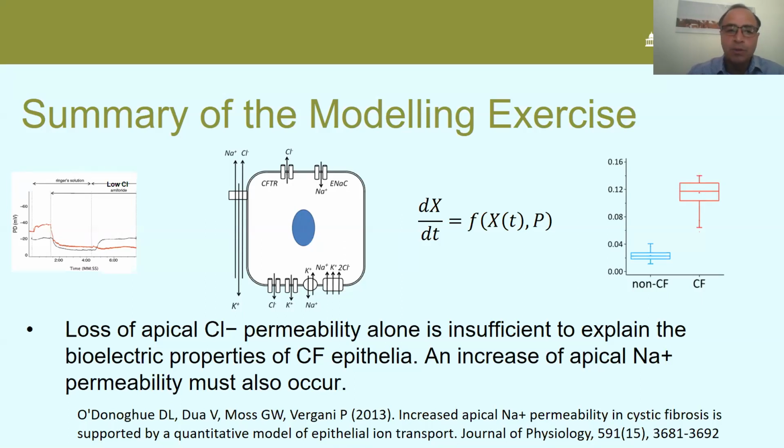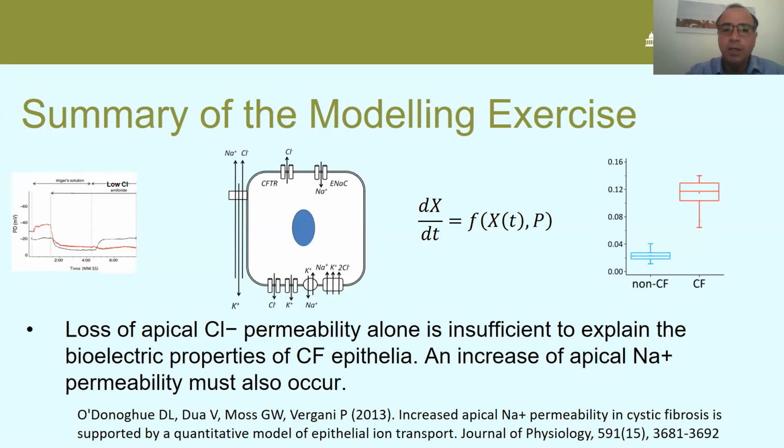And although there was a lot of discussion and controversy on whether it's only the chloride channel, we are able to show mathematically that just the malfunctioning of the chloride channel is not sufficient. And this is a very important conclusion, because now the pharmaceutical industries can decide where to focus.